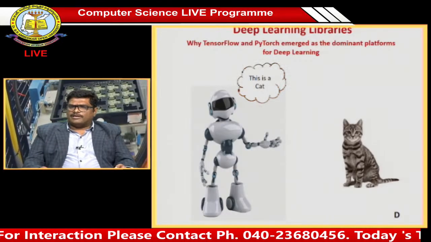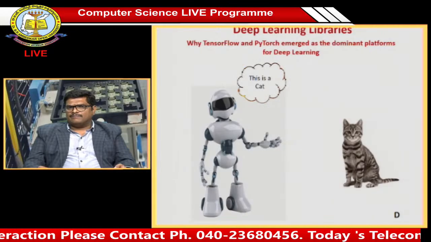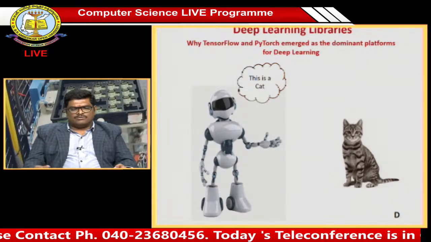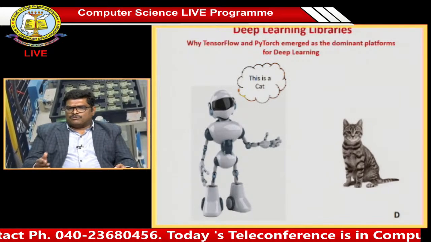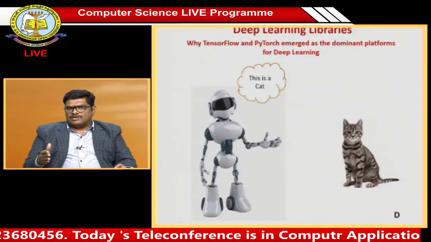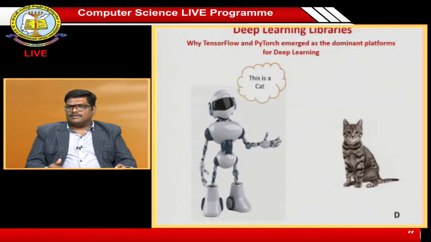So by fine tuning the already existing methods or models, you can train your own model. These libraries, TensorFlow, PyTorch and Keras, help us in building AI models or deep learning models with high efficiency and in less time. That is the advantage of using them.